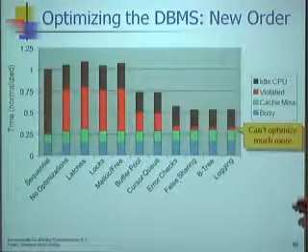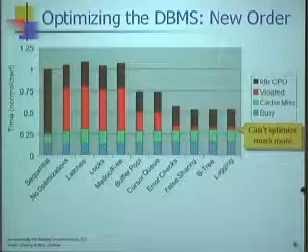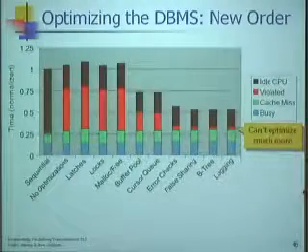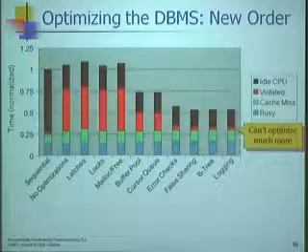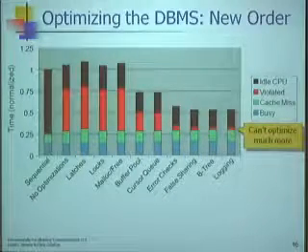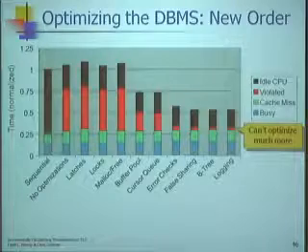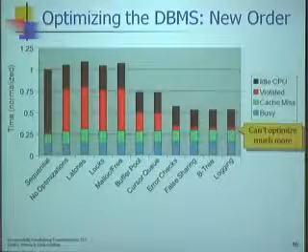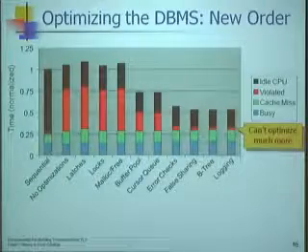The software overhead shows up in this blue section. It's actually increasing a little bit, but it's only a couple percent. So you're not paying very much. That's the basic answer.